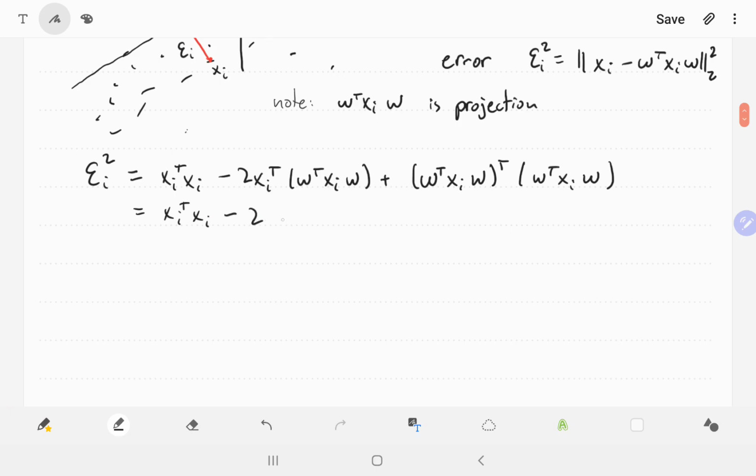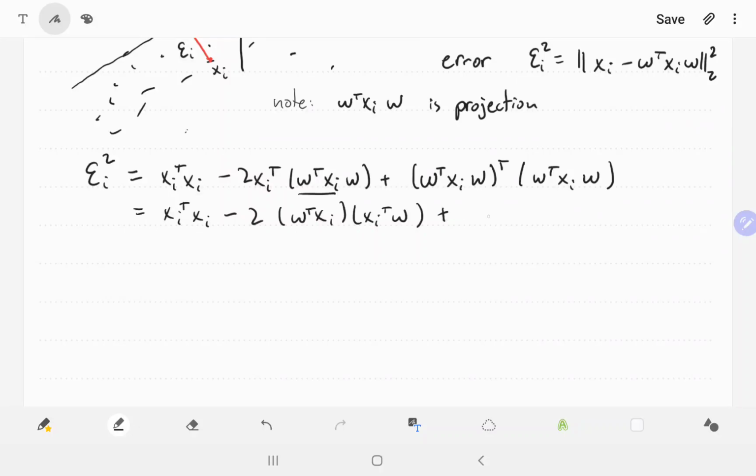Minus 2, and now we can write it as W transpose xi times xi transpose W. This is one way we can write it, by pulling this out in front, because it's a scalar.